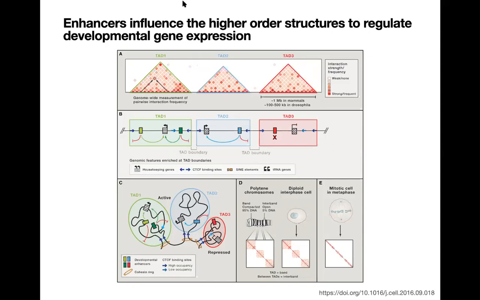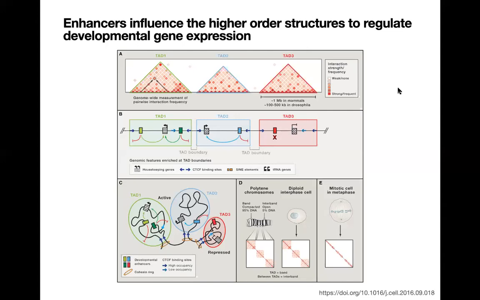Okay. So, I have a quick question. When we talk about these TADs, these are usually enhancer-promoter or any sequence interactions happening more frequently as compared to other sequences nearby.